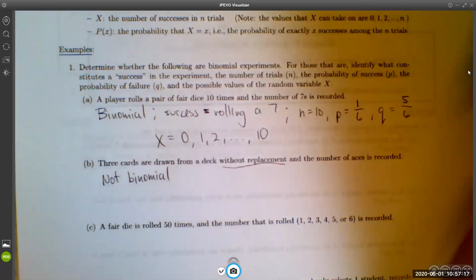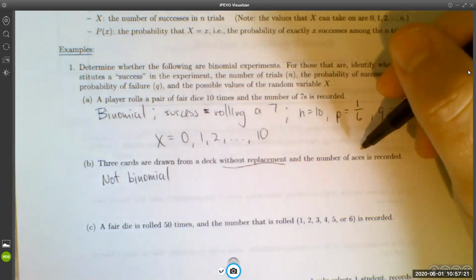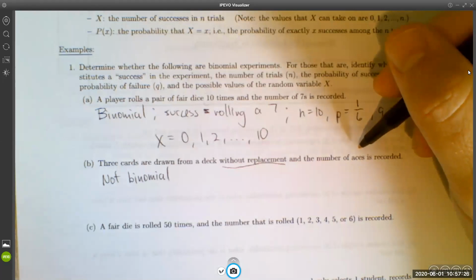Like the probability you draw an ace on your first draw is 4 out of 52 because there are 4 aces in the deck and 52 cards in total. But now the probability that you draw an ace on your second draw, well, if you picked an ace on the first draw, then that's going to be 3 out of 51, which is not the same as 4 out of 52.